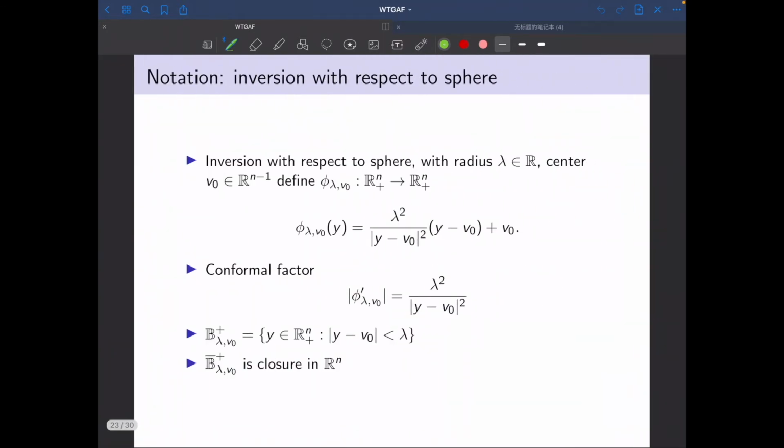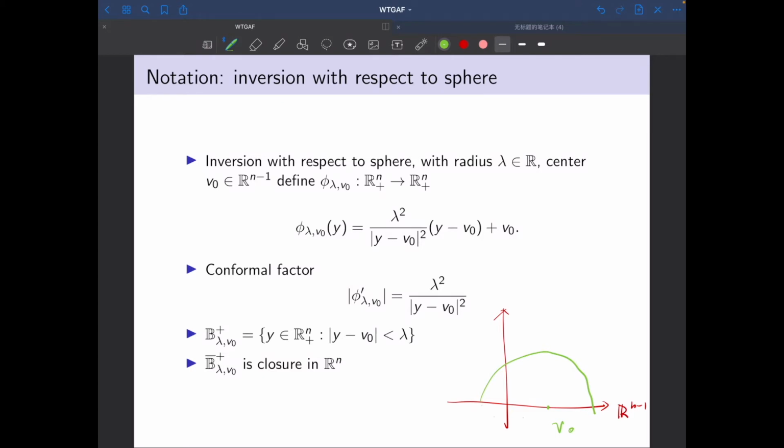I want to talk a little bit more about the notation concerning inversion with respect to a sphere. The picture is like, think in terms of the upper half space. This is R^{n-1}. Just think of v0 as a point on the boundary. Consider a sphere of radius lambda.